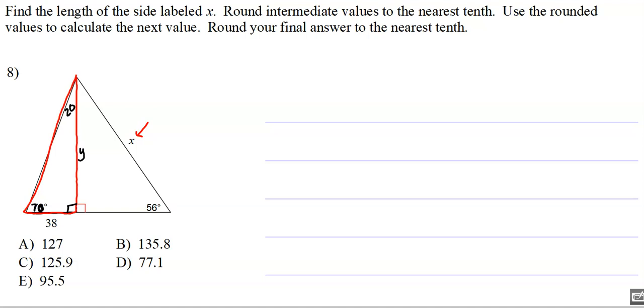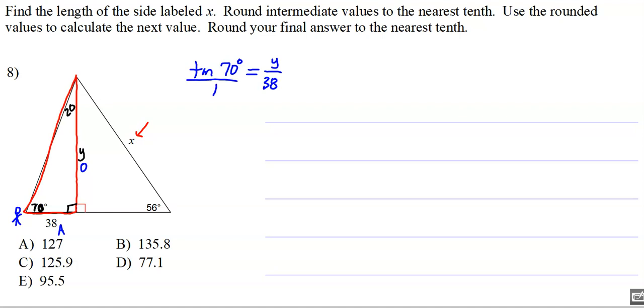So let's find y. First thing is I'm going to put my guy right over here, and I have the adjacent of the red triangle, and I'm looking for the opposite. And so let's do that. That'd be tangent. So tangent, when standing on 70 degrees, is opposite over adjacent.